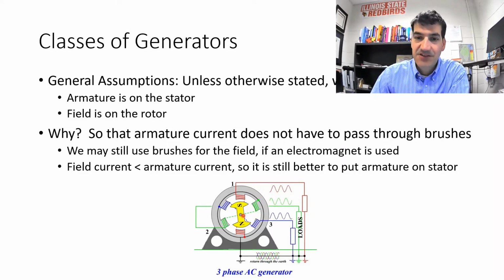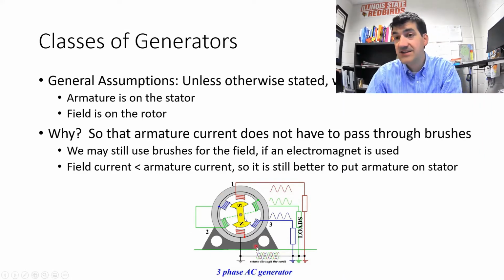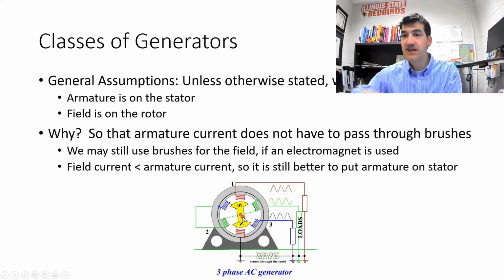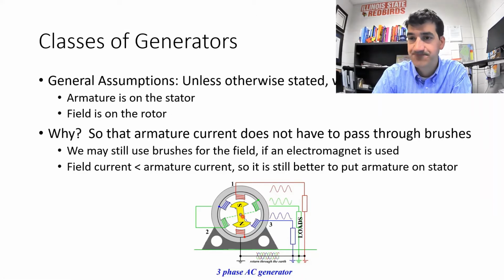So you can't really have a voltage regulator in this machine. So although this particular design has some big advantages, it also has a big disadvantage, which is you can't vary the magnetic field strength, which means that you can't vary the output voltage. So that's a big disadvantage.